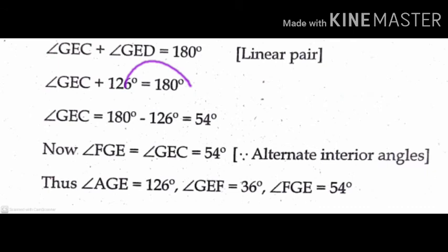Transposing 126 degrees to the right side of the equation, it becomes minus 126 degrees. After subtracting, we get 54 degrees. Now angle FGE is equal to angle GEC, which is equal to 54 degrees, since alternate interior angles. Thus angle AGE is equal to 126 degrees, angle GEF is equal to 36 degrees, angle FGE is equal to 54 degrees.